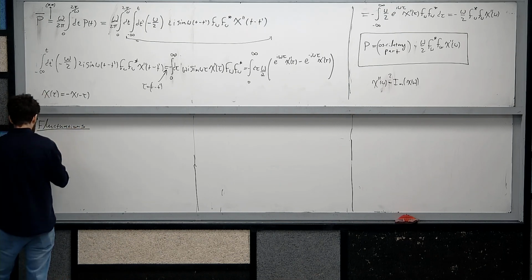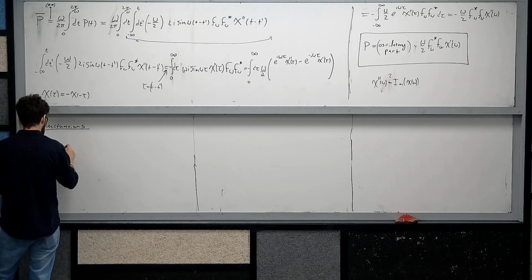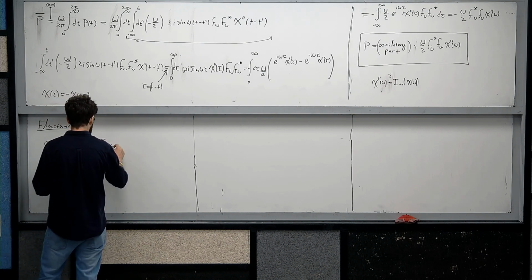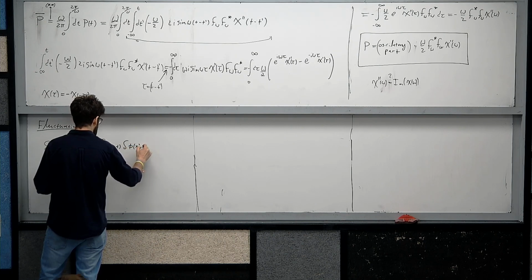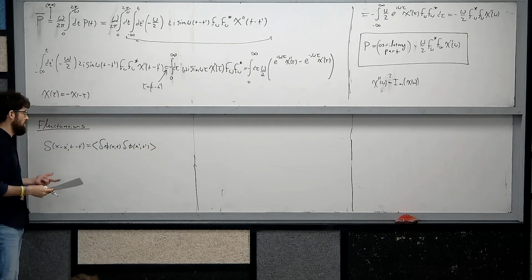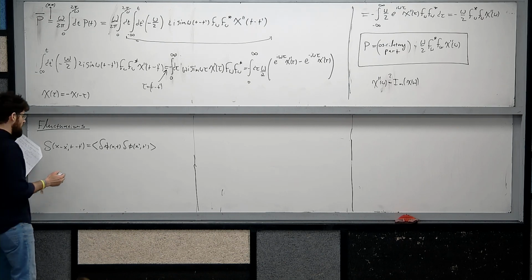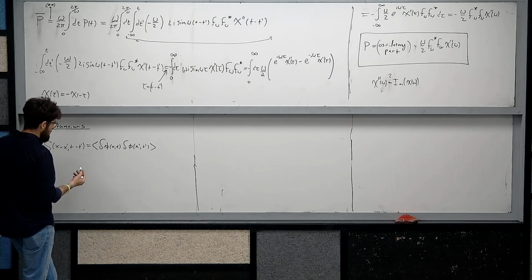Okay, so now we're going to talk about fluctuations. So we define the structure factor as the expectation value over delta phi of x and t, delta phi of x prime and t prime, which is by definition the variance.